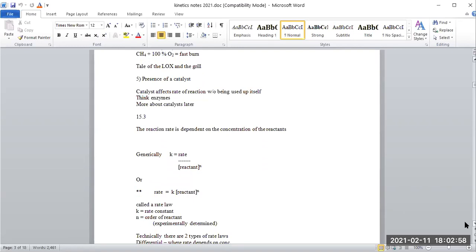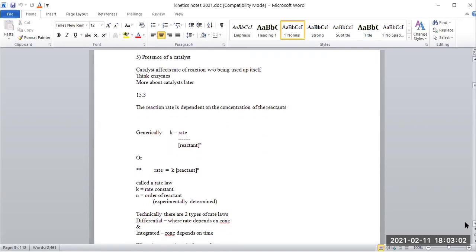However, the lower one there, rate equals K times reactant concentration to an exponent, is actually the one that you will see much more of. This is sometimes referred to as a rate law.